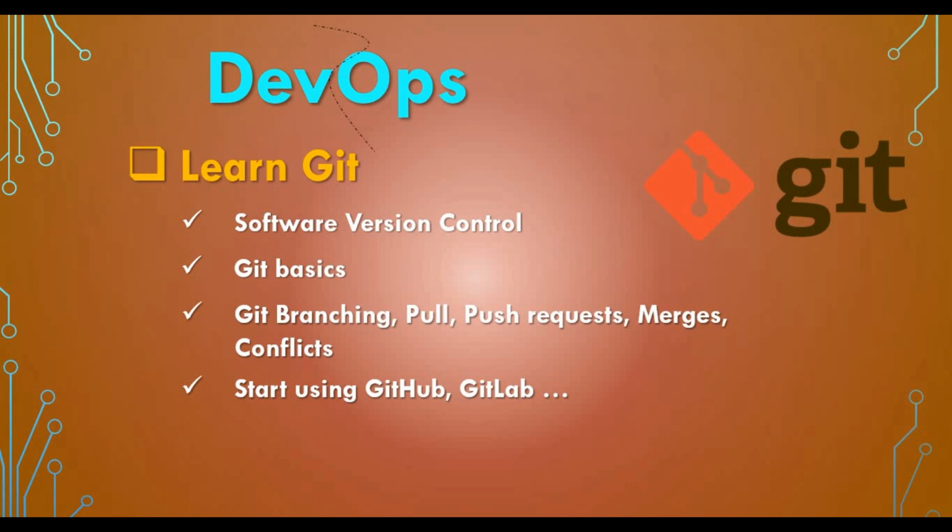Git is the base, so you save all your applications in Git, make the changes in the local repository, then push to the remote repository like GitHub or GitLab, and you can use that repository for the rest of your DevOps process. So Git is really important. As I said, the version control system is really the base for most of these things. Okay, so start learning Git, and I will show you all these things we are talking about.